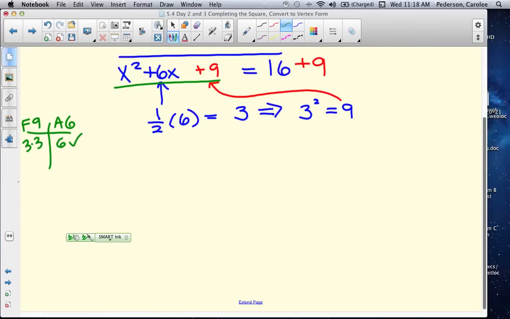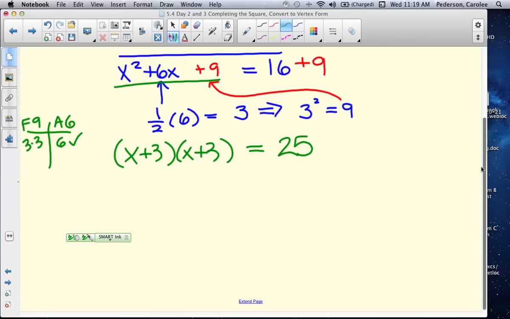So how you factor this is x plus 3, x plus 3. If we were to FOIL that back out, we would get x squared plus 6x plus 9. Then the right side, 16 plus 9 is 25. Now I'm going to combine the two parentheses together. x plus 3 and x plus 3 is x plus 3 all squared.